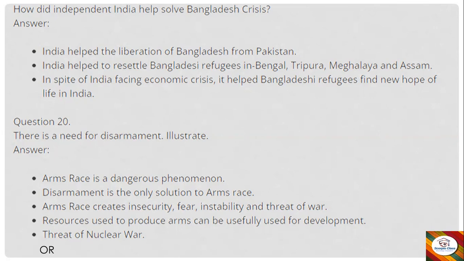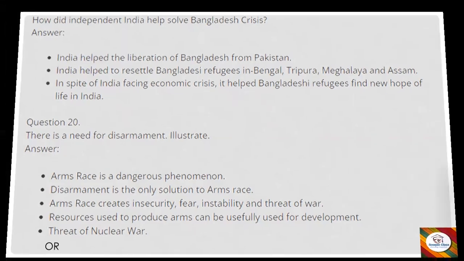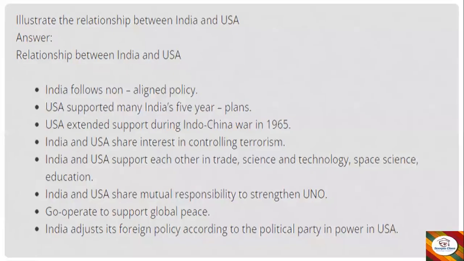Now there's one more option here in question 20. So let's see the next question. It's illustrate the relationship between India and USA. The answer: the relationship between India and USA are as follows. India follows non-aligned policy. USA supported many of India's 5-year plans. USA extended support during the Indo-China War in 1965.